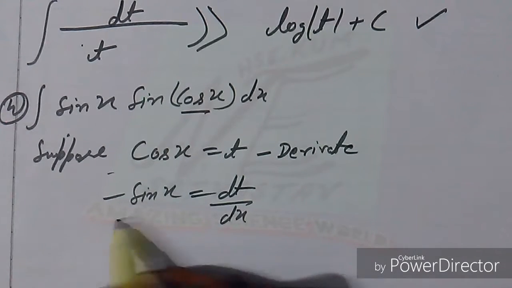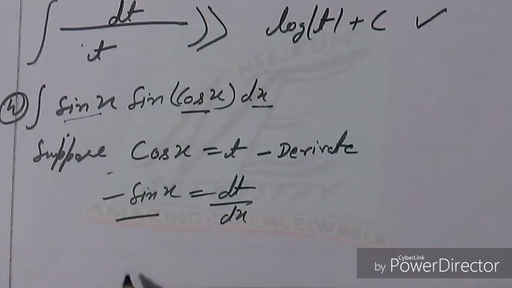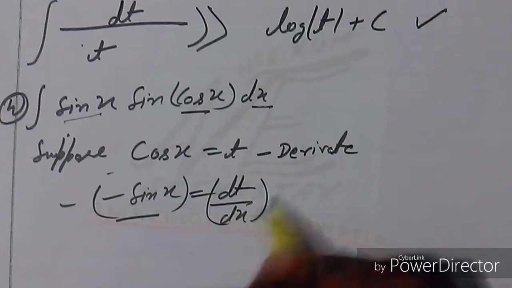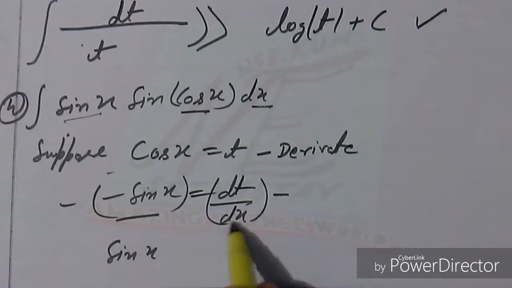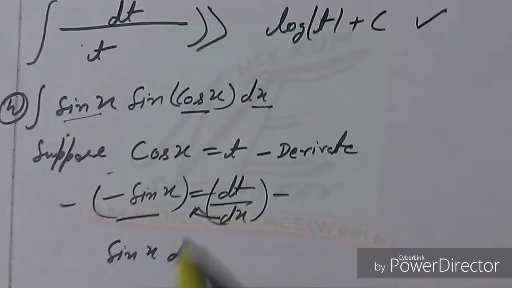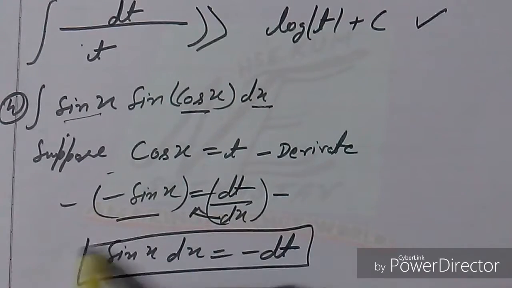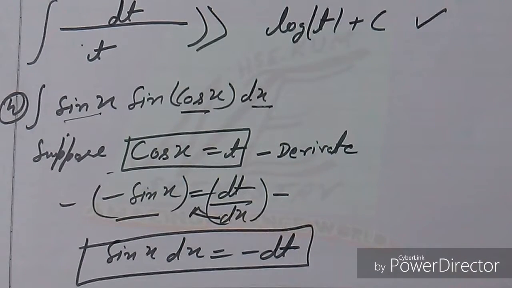Now the sin x is here and dx is here. We put the minus sign on both sides, so minus sin x dx is equal to minus dt. We put this equation into the function and it is solved.